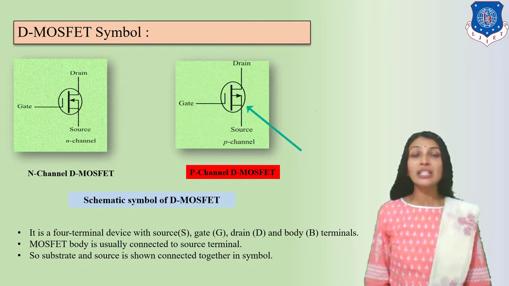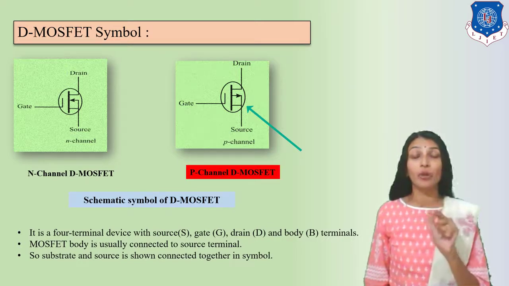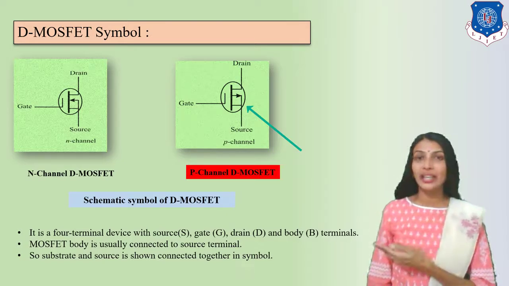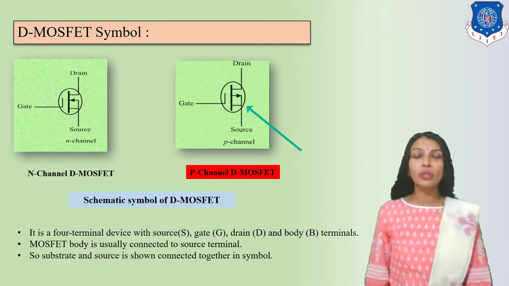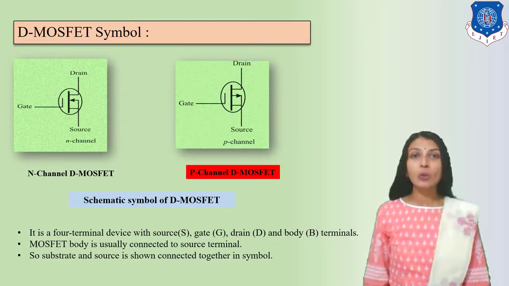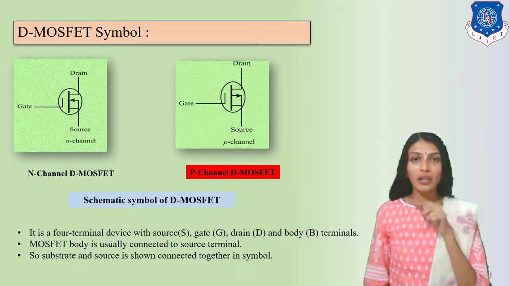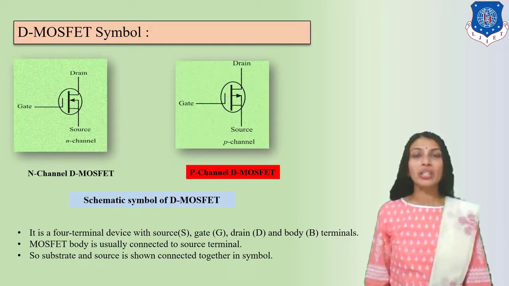Now there is always a direction of current flow, like an arrow. The arrow is shown on the source, you can see that. So there is an arrow on the source terminal. If it is inside, then it is an N channel D MOSFET. And as per the symbol, if there is an outside arrow on the source terminal, then it is known as a P channel D MOSFET.